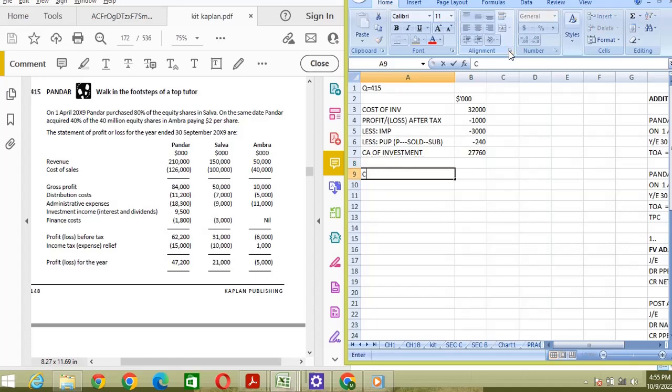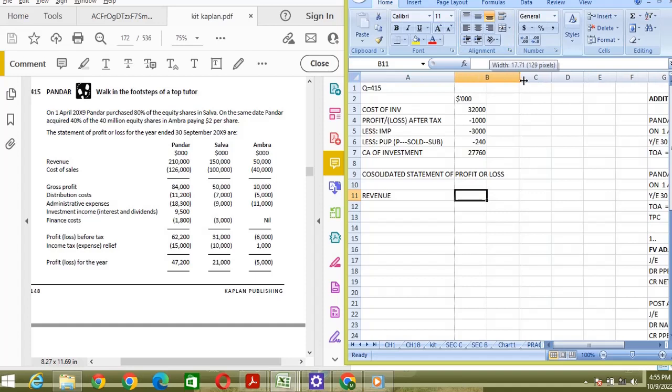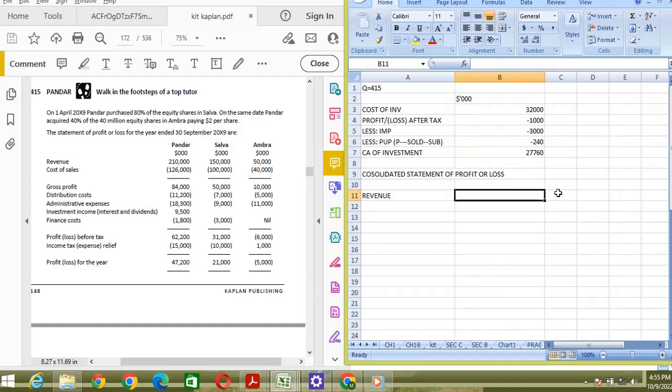Now we will prepare the consolidated profit or loss. First we will take revenue. Here I will show you how I calculate the value of revenue.